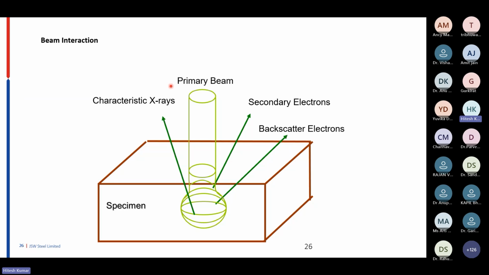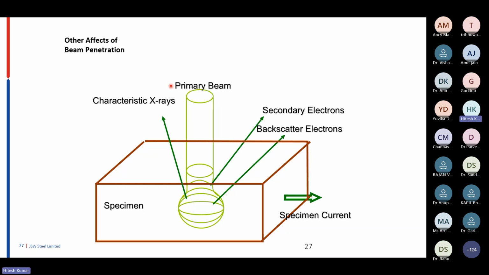There Bragg's law is going to work: 2d sin theta equals n lambda. With the help of that, we are able to find out d. Now we know lambda, we know n, so we can easily find d. That d basically tells what type of element or atom is inside your material. So this is the way it is used.